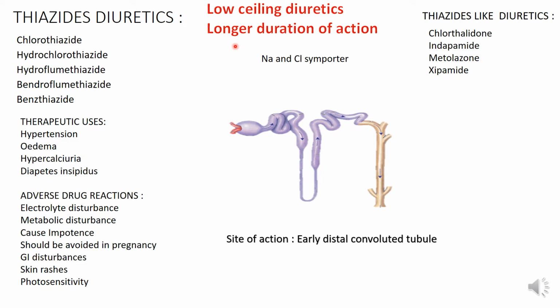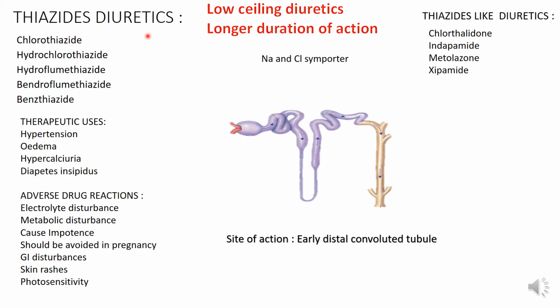So these two points are opposite to the loop diuretics. The thiazide diuretics are low ceiling diuretics with a longer duration of action, whereas the loop diuretics are high ceiling diuretics with a shorter duration of action. One more thing to note is that the loop diuretics excrete calcium, so they are used to treat hypercalcemia, whereas the thiazides retain calcium.